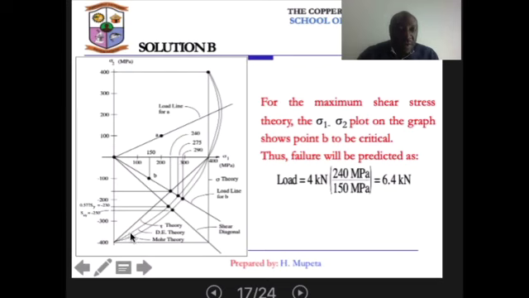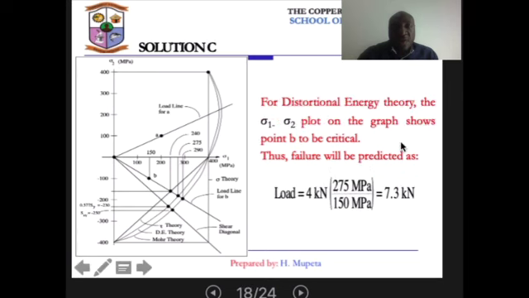You're going to consider that line for the distortional energy, where it meets with this line where we have the critical point B. So you're going to get this 275 divided by this 150 multiplied by the test load, and that should give you 7.3 kilonewtons for the distortional energy theory.